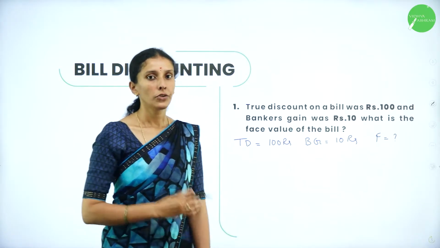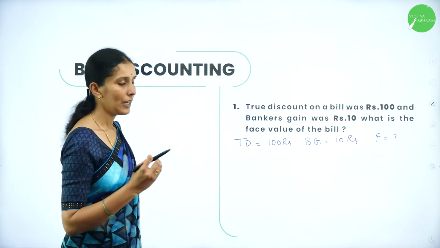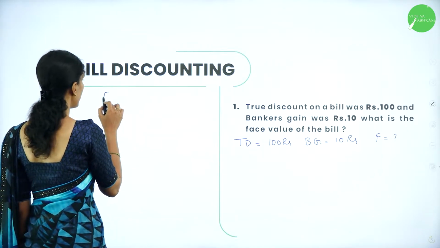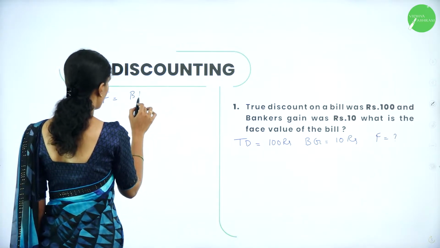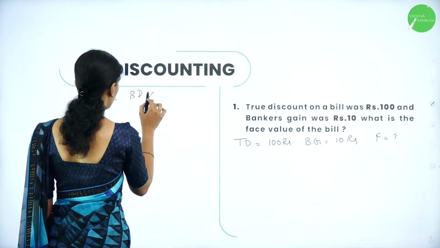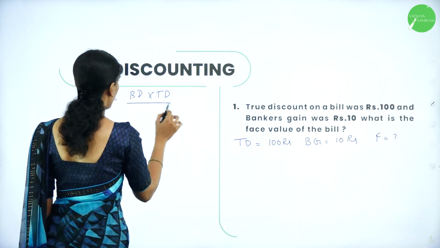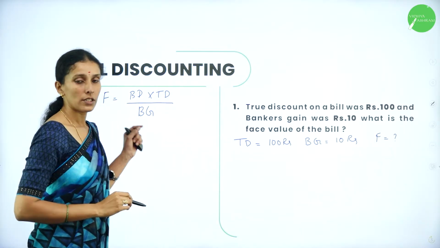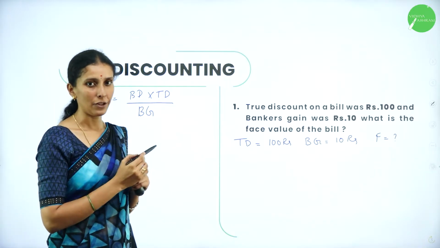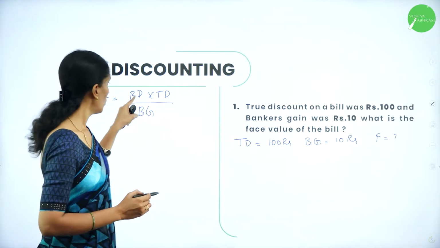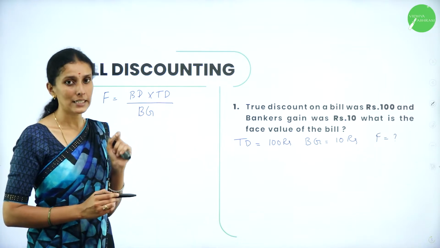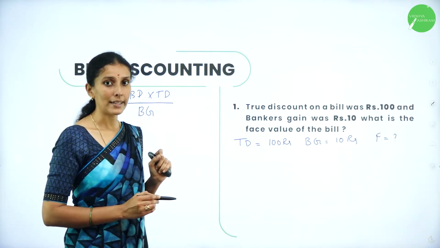Now, to calculate the face value of the bill, I know the formula F is equal to BD into TD divided by BG. So this is the formula related to face value of the bill. Here I don't know what is BD, that is banker's discount. How to calculate banker's discount?